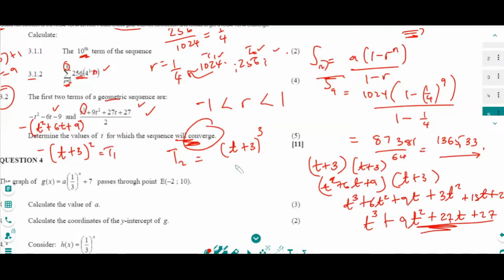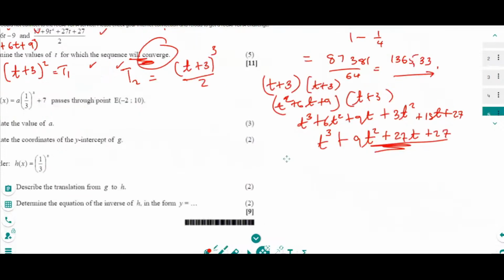But since there's a 2 over, I'll say divide by 2. So I have my t1, then I have my t2. Then I need to divide to get my common ratio. So then I'll have t plus 3 cubed, I'm dividing this by 2, divided by t plus 3 squared.